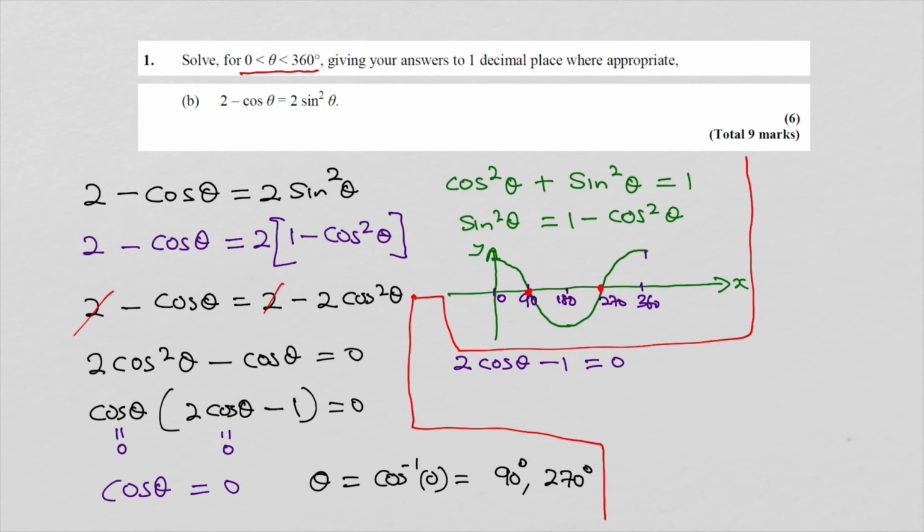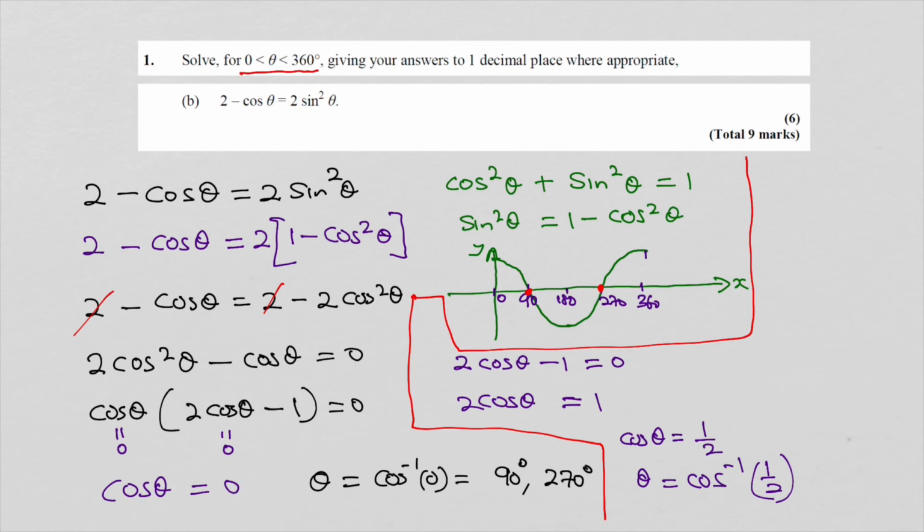That's the second part here. And there we basically do 2 cos theta equals 1, so we add 1 to both sides. Cos theta equals 1 over 2, so divide both sides by 2. Theta will be cos inverse a half.